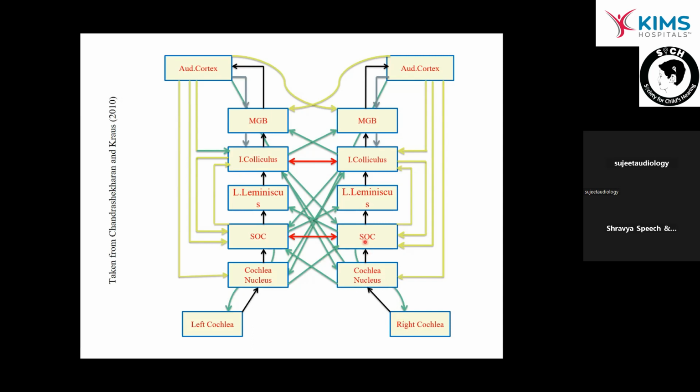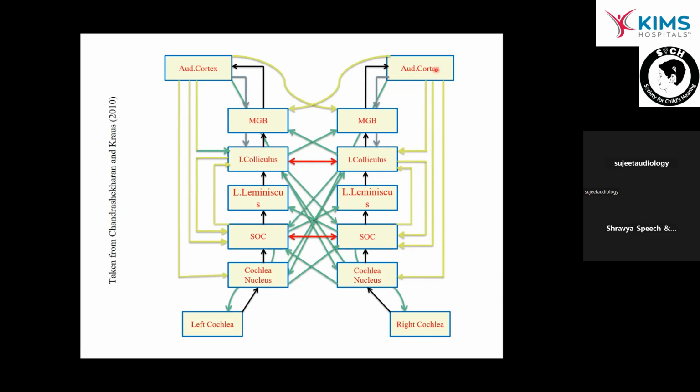From the cochlear nucleus it goes to the SOC, lateral lemniscus, inferior colliculus, medial geniculate body, and the auditory cortex. It doesn't go from the auditory system to the eyes, or the spinal cord, or the lower limb or upper limb. It doesn't go anywhere. There are certain designated nuclei where these connections are.